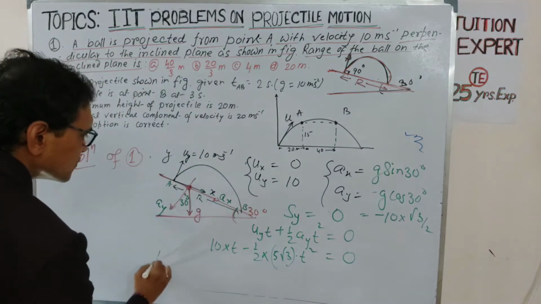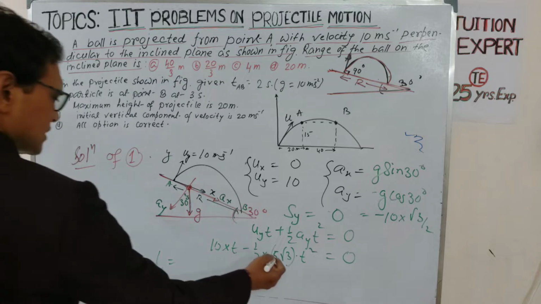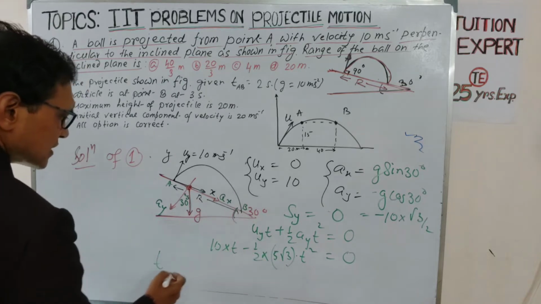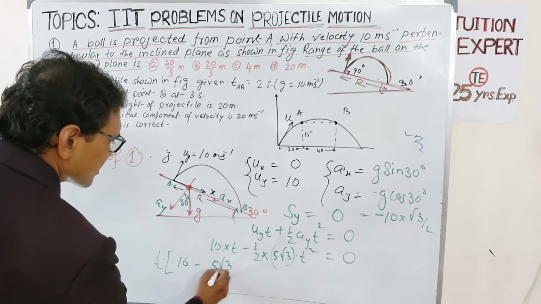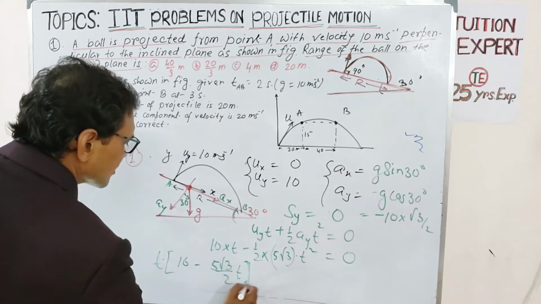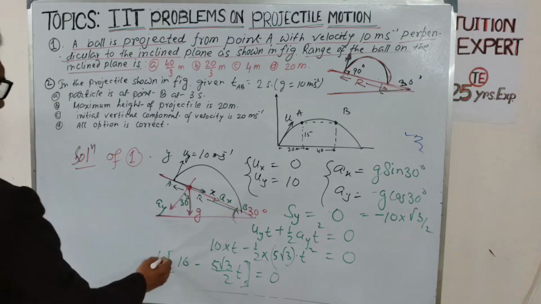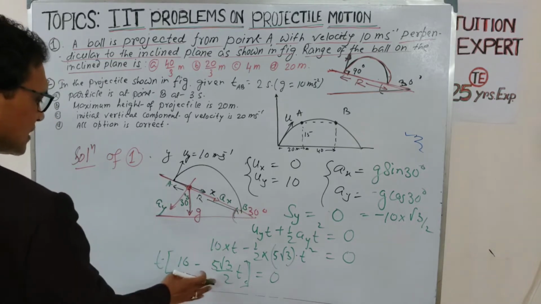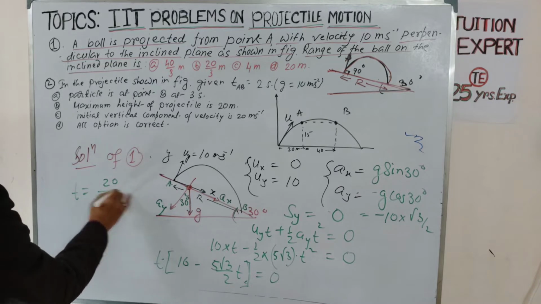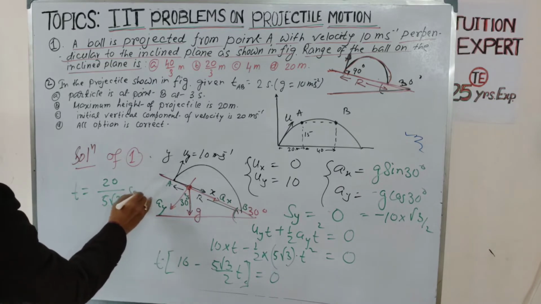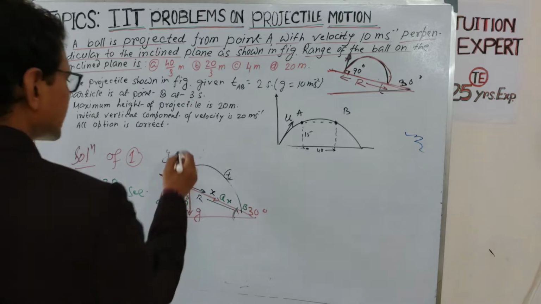So t equals 0 at the start, and t equals this at the end. So time of flight t equals this many seconds.